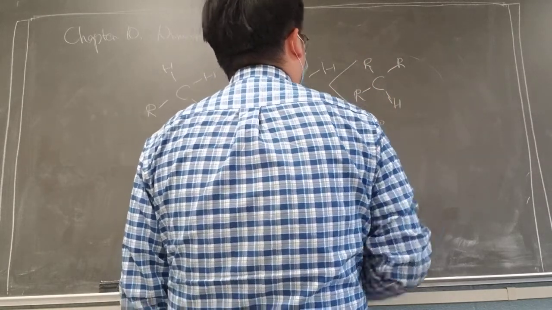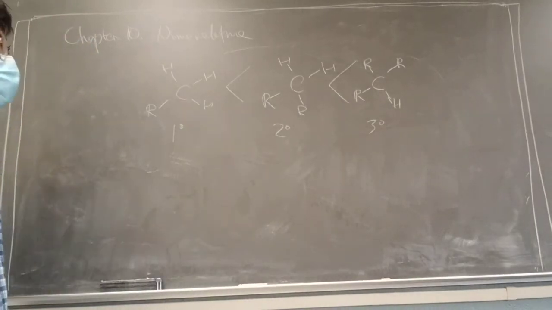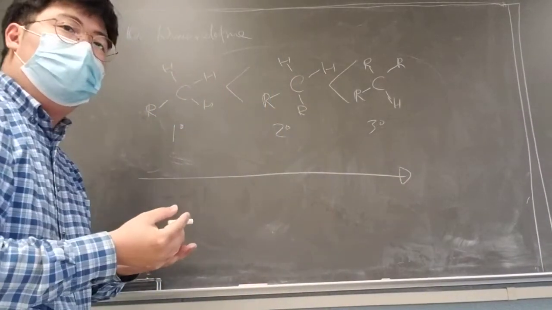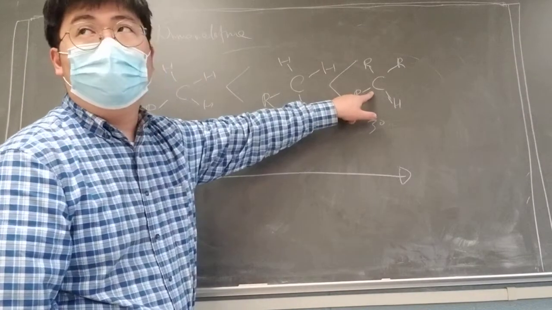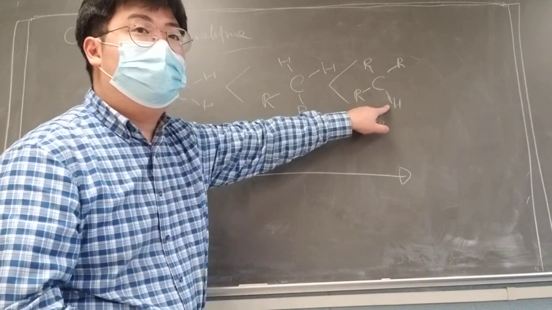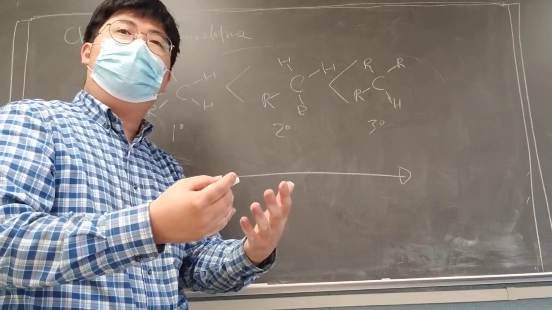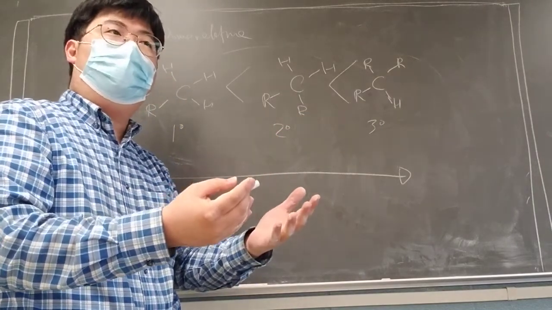It's the same. So if that is the case, what you can say is the reactivity goes higher when the carbon is more substituted, and the hydrogen will tend to be more easily broken. That means the reaction will happen much faster, more frequently. Makes sense, right?